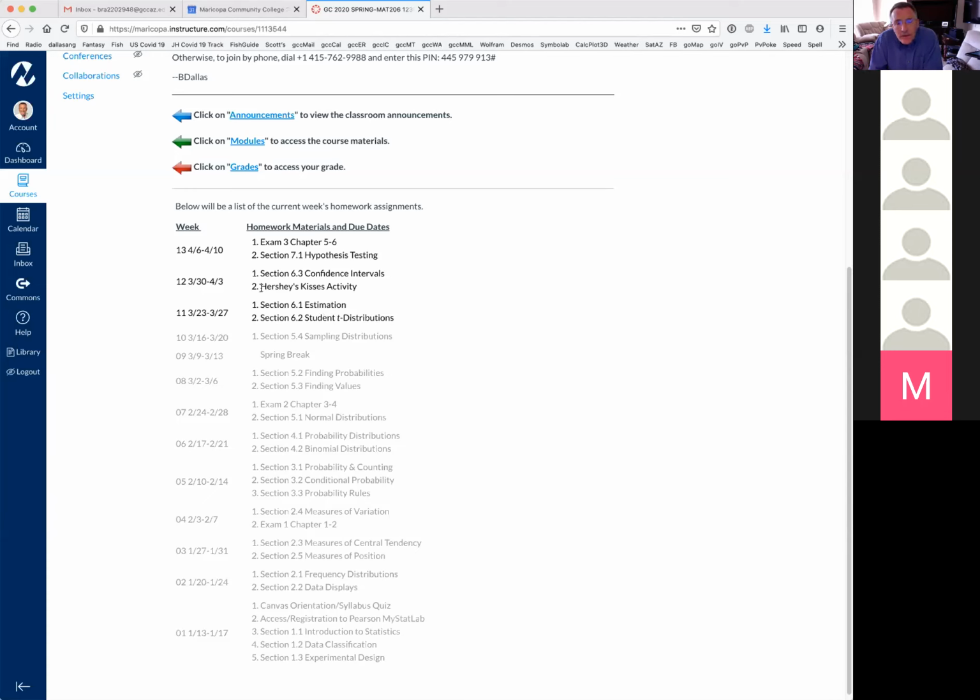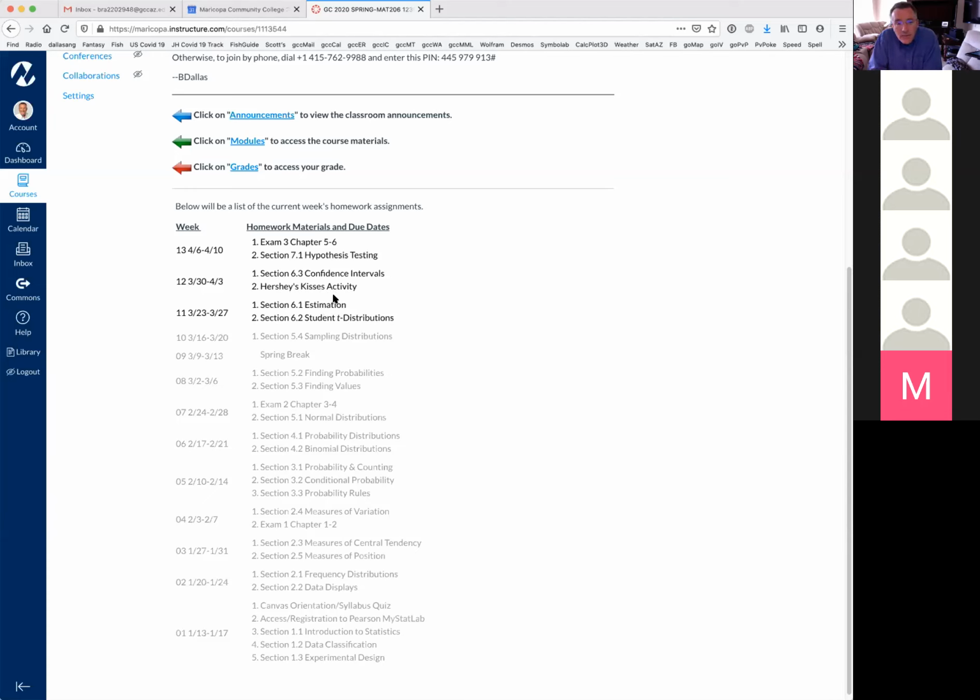Thursday of this week, we're going to do a little activity on Hershey's Kisses. We're going to be building a confidence interval for the proportion of kisses that land on their base if you just toss them.